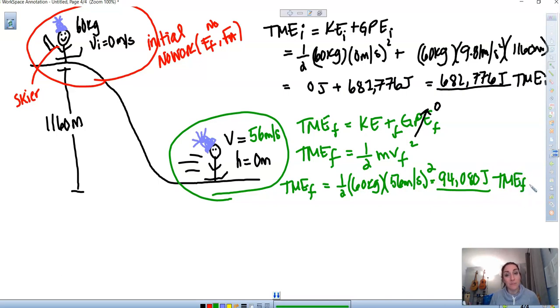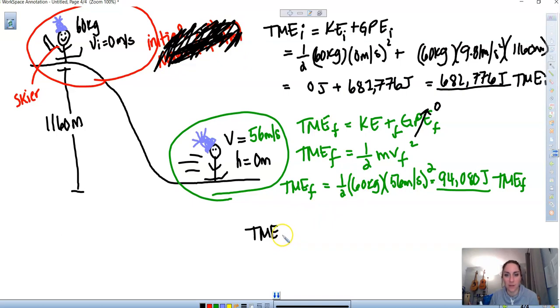So a couple of things. First of all, notice that the initial does not equal the final. No initial work. So by the way, I'm just going to actually get rid of that, because it's actually not proving my point that I want to make.